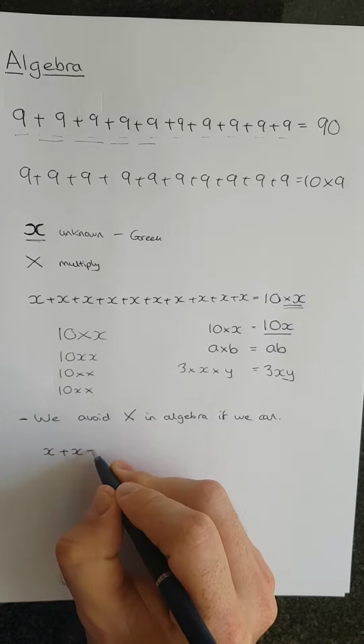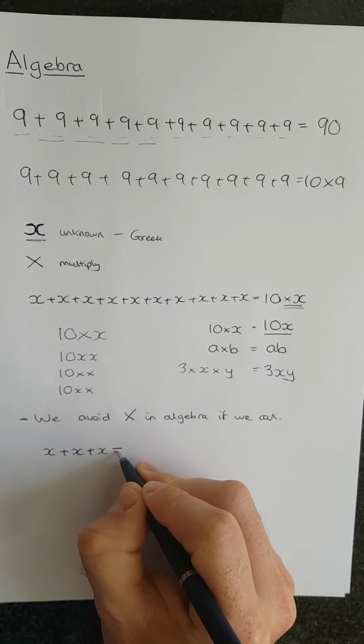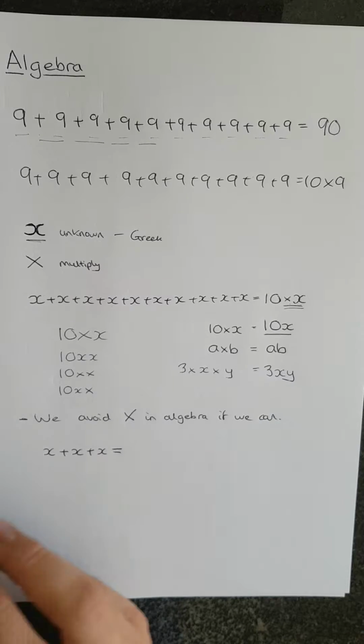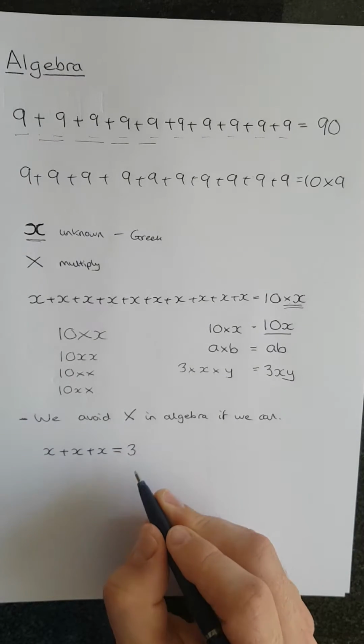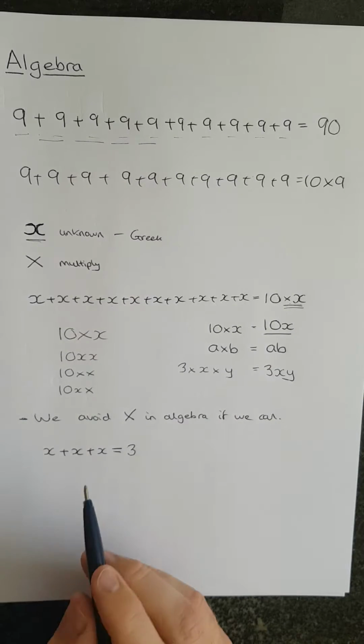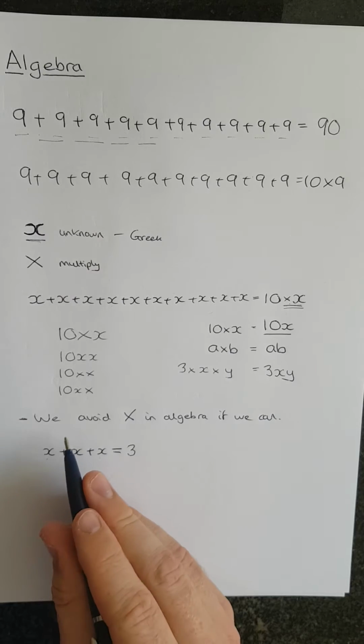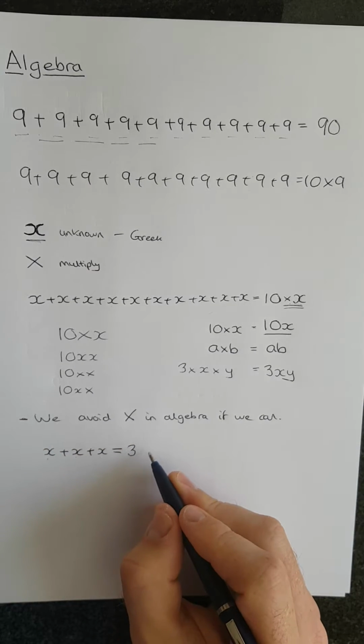Okay, let's get back to where we were. What does that make? How else could you write it? Well, there are 3 of them. You want to say 3 lots of x. You can't write multiply because we avoid multiplying algebra.